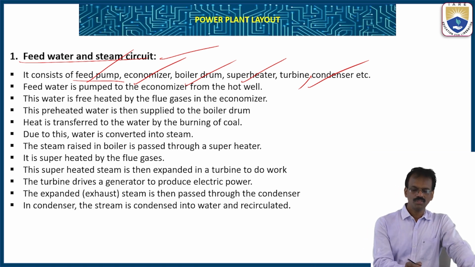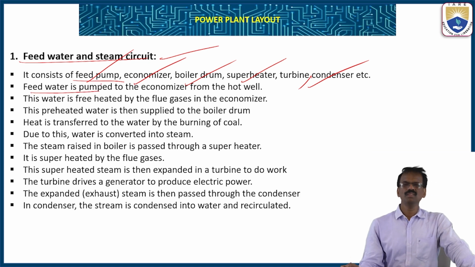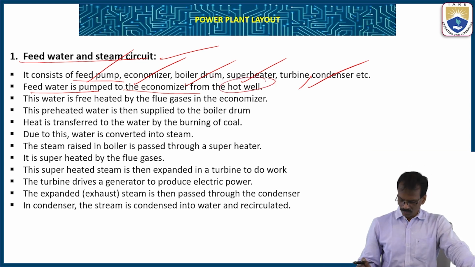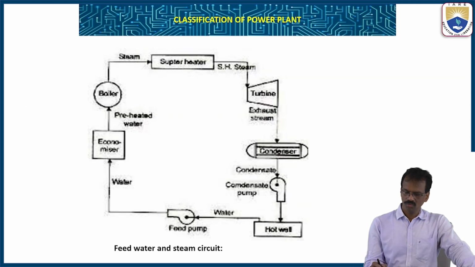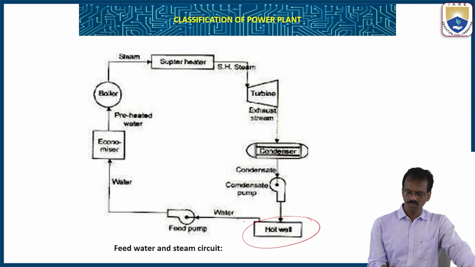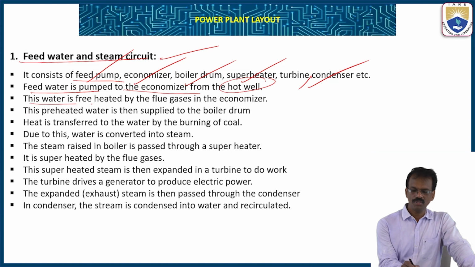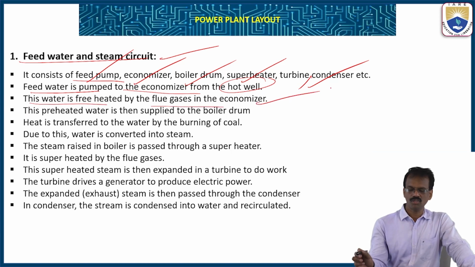So first of all, feed water. Feed water is pumped to the economizer from the hot well. From this hot well, the water is pumped to the economizer by the help of the feed pump. So that is the functioning of feed water. Next, this water is preheated by the flue gases in the economizer.